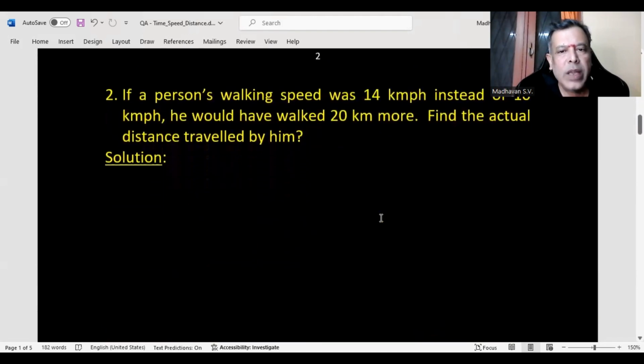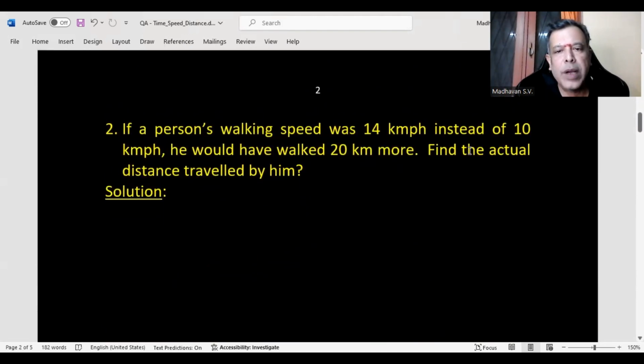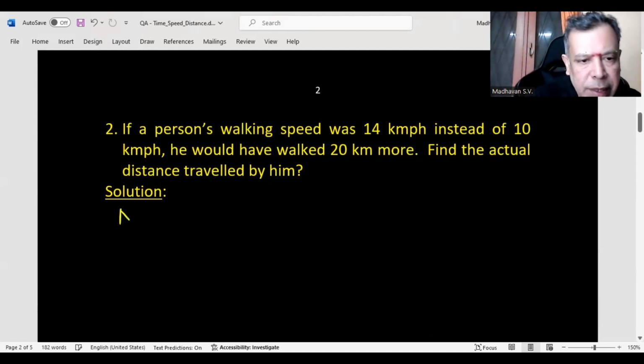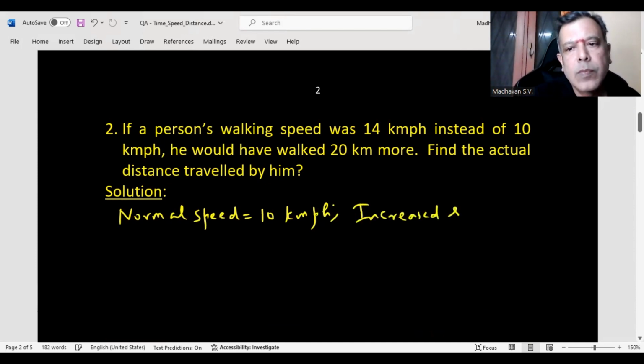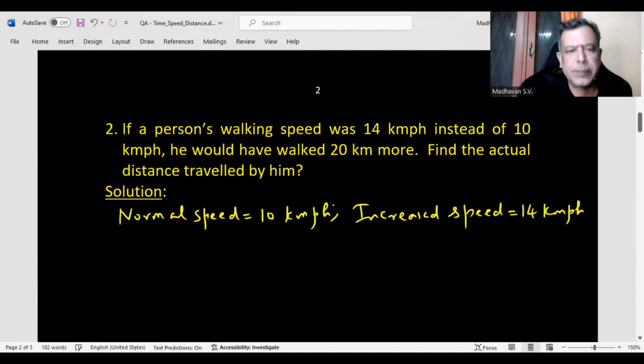If a person's walking speed was 14 kilometer per hour instead of 10 kilometer per hour, which means normal speed is 10 kilometer per hour, and then increased speed is 14 kilometer per hour for that particular person. If he increases his speed, he would have walked 20 kilometer more.